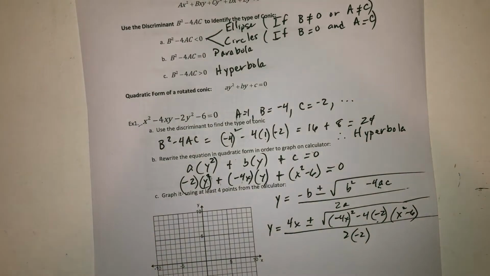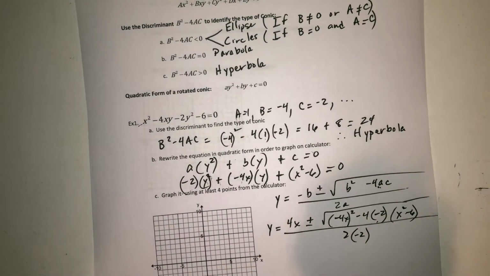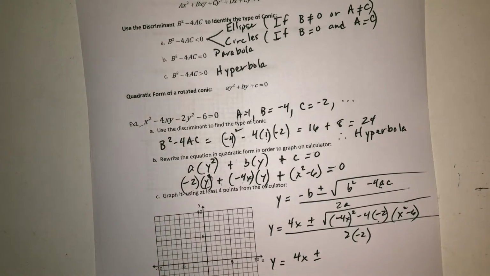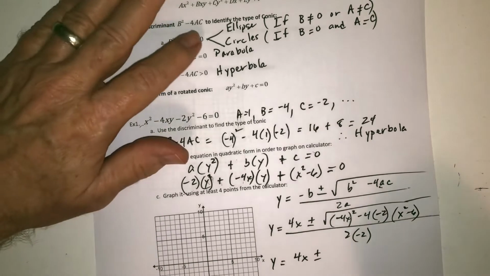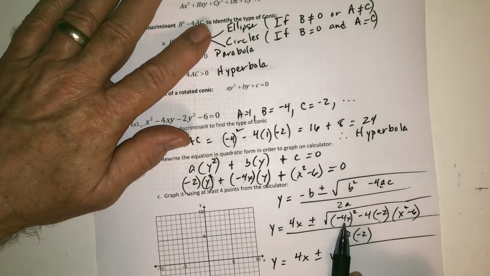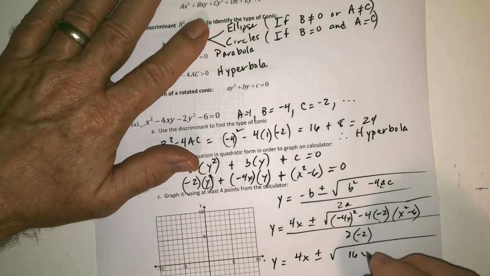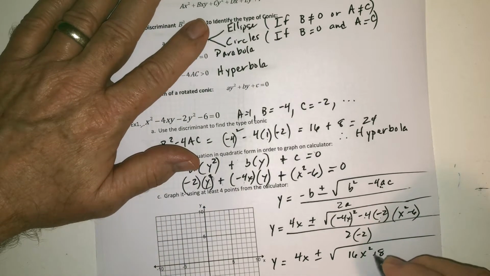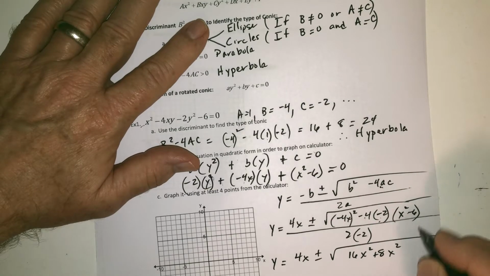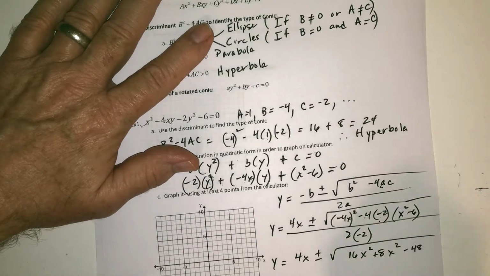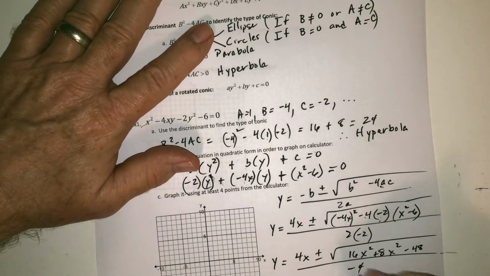Now you can clean that up if you want, and I do want to. So y would be equal to 4x plus or minus the square root of, well, square that, that gives you 16x squared. A negative times a negative is positive, and that's 8, and that would be 8x squared, so plus 8x squared, and then 8 times negative 6 would be minus 48, all divided by negative 4.